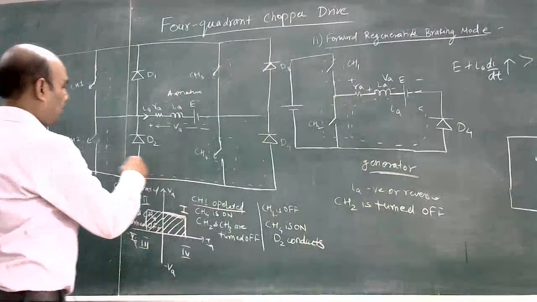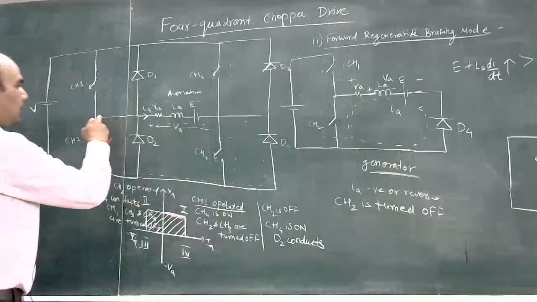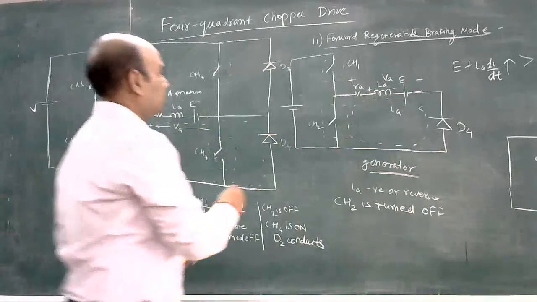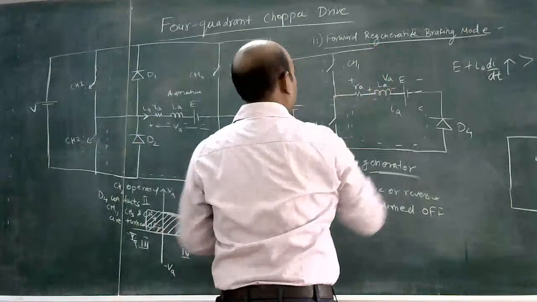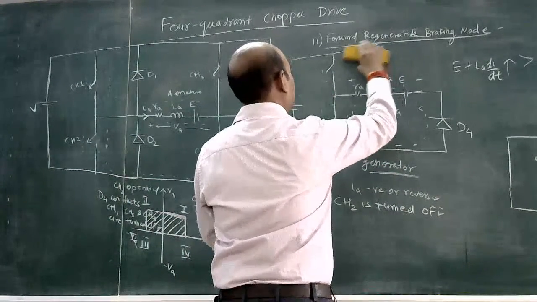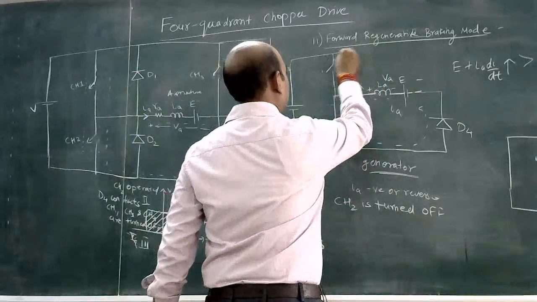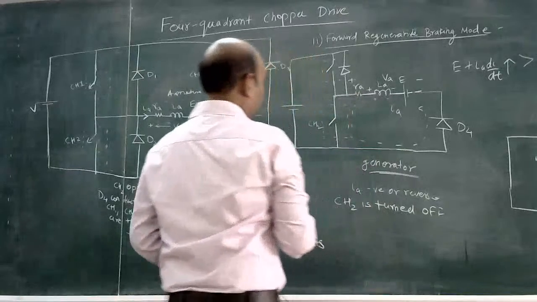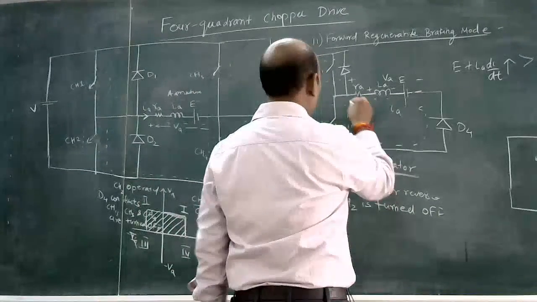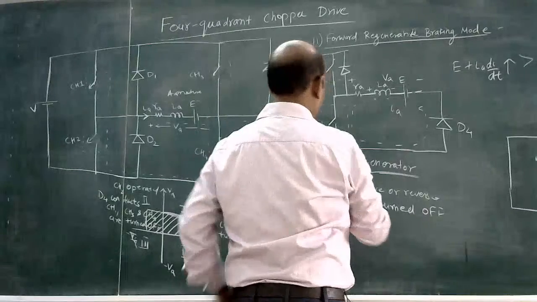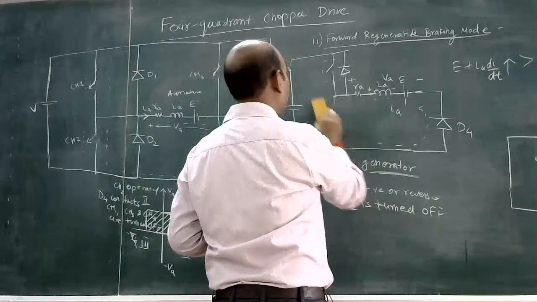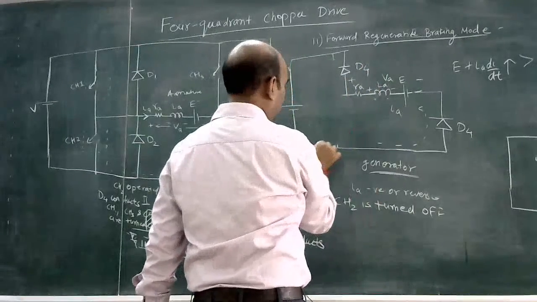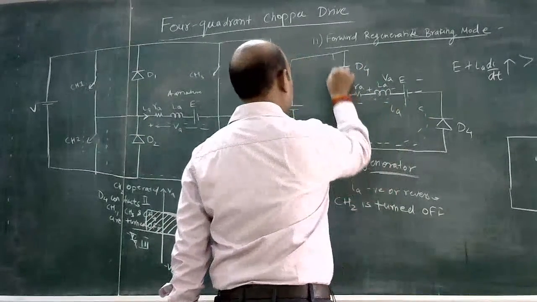So now the only possible path by which current can flow is through this diode. Okay. So now current will start to flow through this. So CS2 is open and CH1 is open. So current will flow like this.